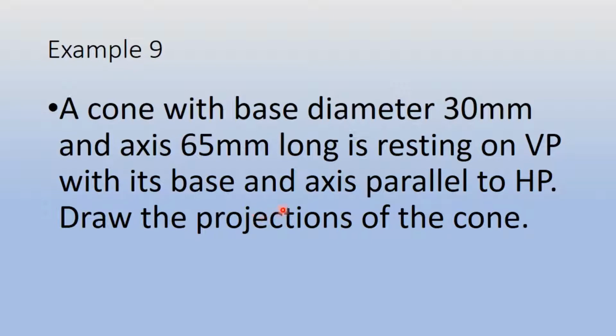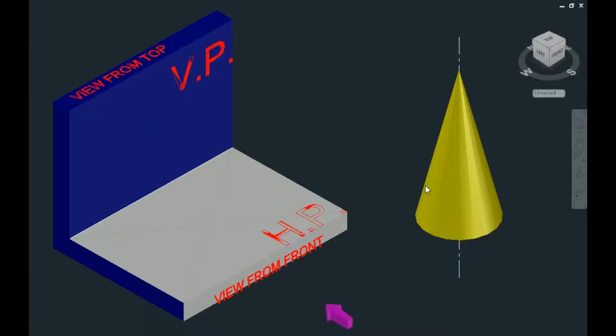So we will see how to imagine this cone on the vertical plane now. I have to place the base of the cone on the vertical plane. So I will first rotate this cone.